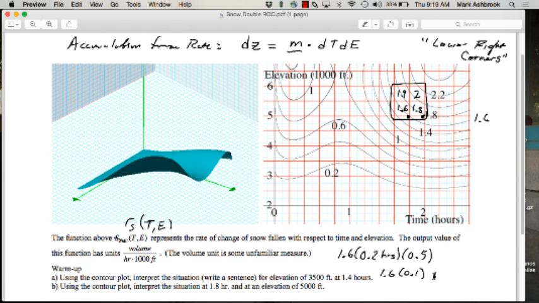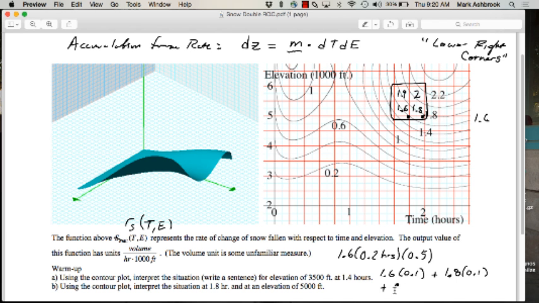Plus 1.8 times 0.1, the little accumulation of snow for this one. Remember, M dx plus M dx plus M dx. But now it's M times dy dx plus M times dy dx plus M times dy dx, because we have 2 independent variables.